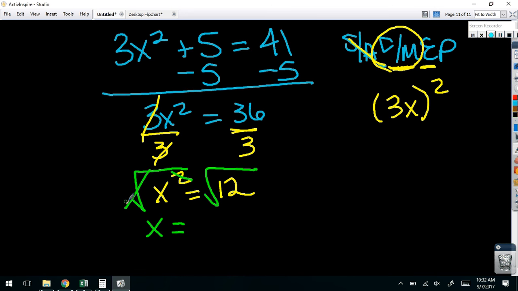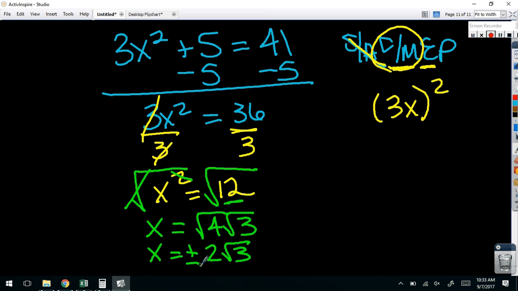So now 12, I need to look at that list of perfect squares, these orange numbers behind me. What's the biggest one I can divide 12 by? 4. 4 times 3 is 12, right? The square root of 4 is 2 times the square root of 3, and don't forget your plus or minus in front. That's it. Did you choose 3?